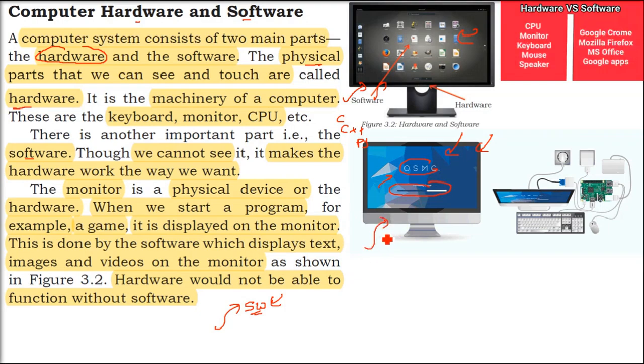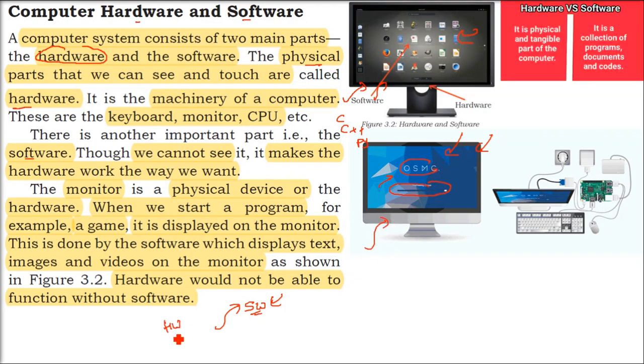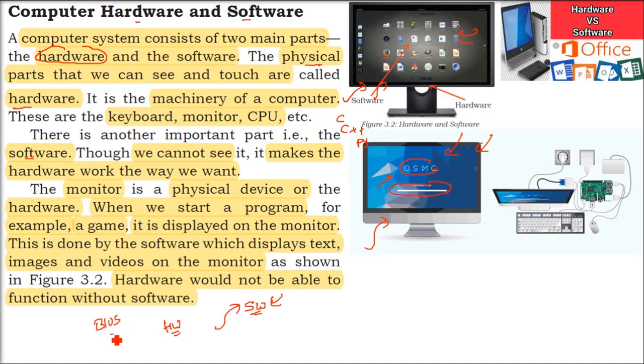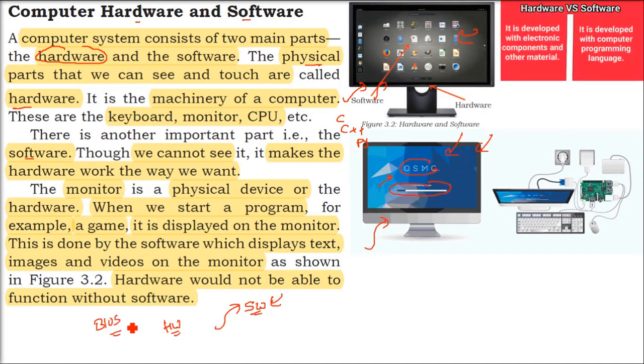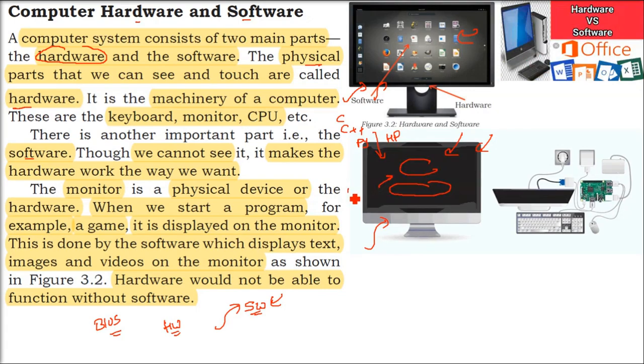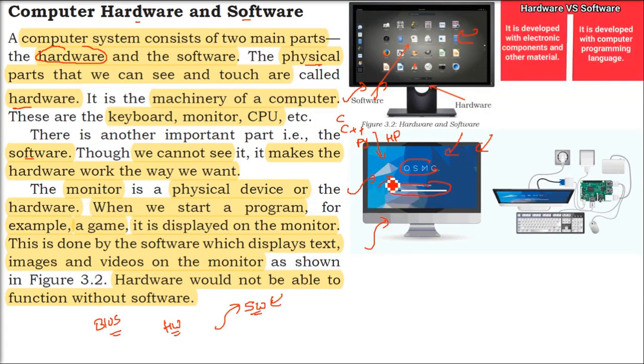There are certain programs, certain coding, which is done in your hardware only, that are called hardwired programs. For example, BIOS, for example, POST. BIOS is basic input output system. When you push the on button of your computer or computing device, the BIOS will run. And that means, you will see a HP or a Lenovo logo coming.